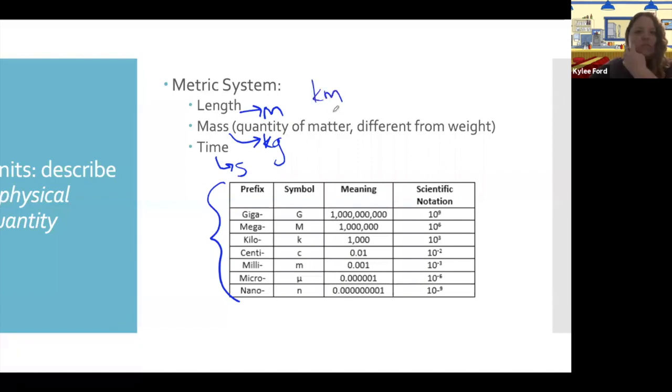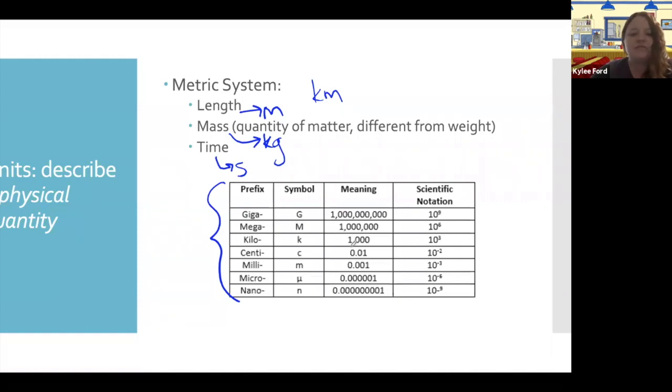Say I'm in Europe traveling somewhere, you know, because we can totally do that right now with the pandemic. Kilometers, it would be, you know, driving around, they'd say, oh, it's 3 kilometers that way. Well, I'm in the US and I'm used to seeing miles, but okay. But we can at least relate it to meters, which we might be a little bit more comfortable with.